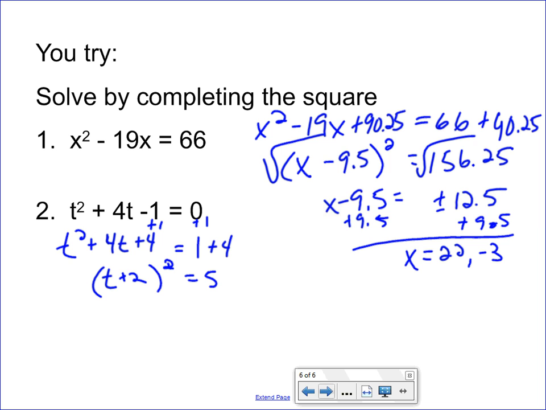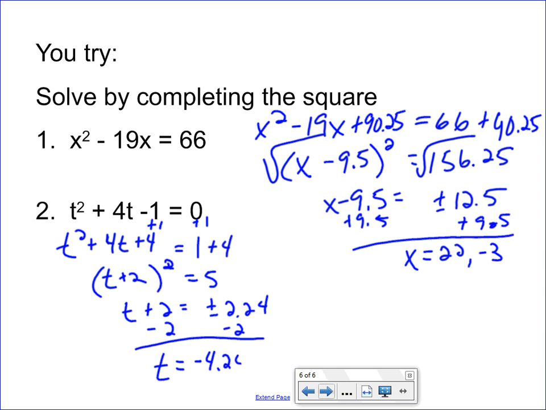Okay, now if you take the square root of 5, square root of 5 is approximately 2.24. Okay, so I'd have t plus 2 equals positive or negative 2.24. If you subtract off the 2, you'd have t equals negative 4.24 or 0.24.